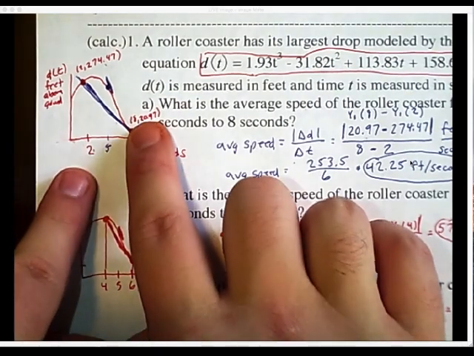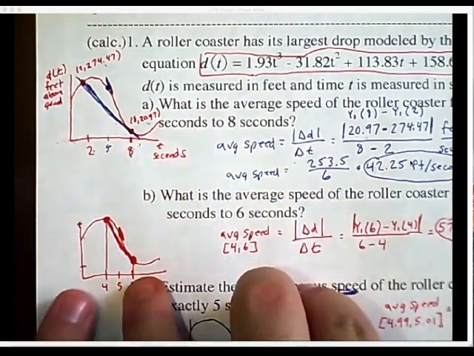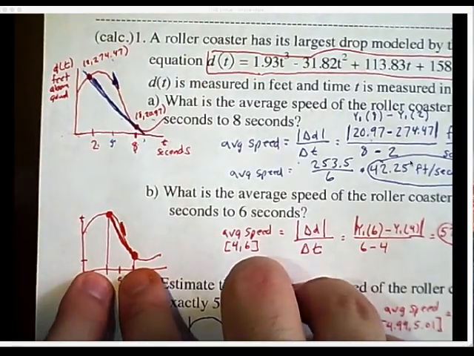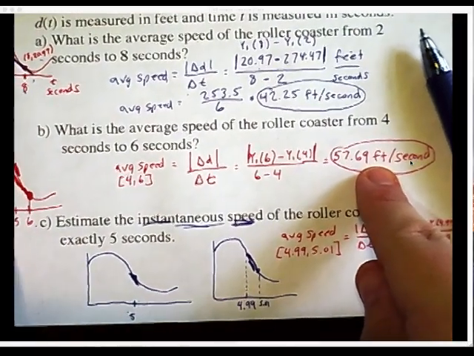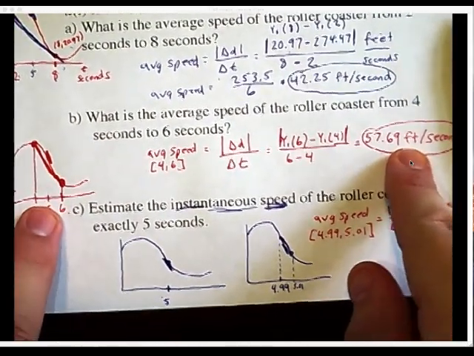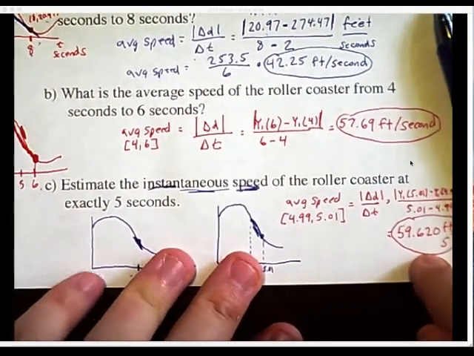But the closer we move these numbers in, like the 2 and the 8 here, into 5, as we get them to like 4 and 6, we get a better representation of instantaneous speed close to 5.